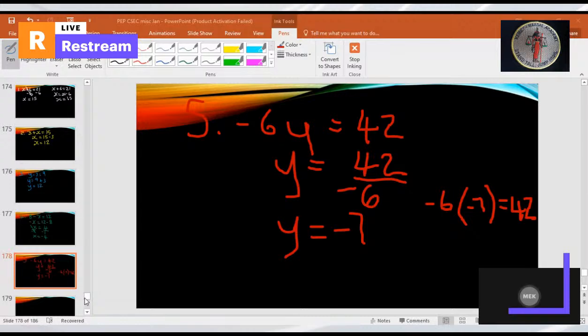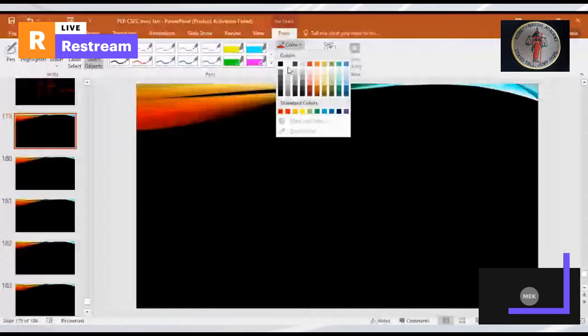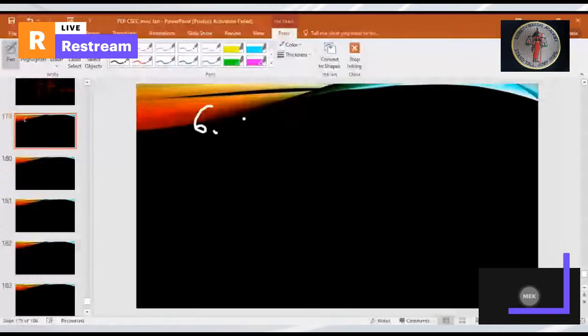So now let's go to number 6. Number 6 says 2x is equal to negative 9. So we're multiplying the 2 and the x.